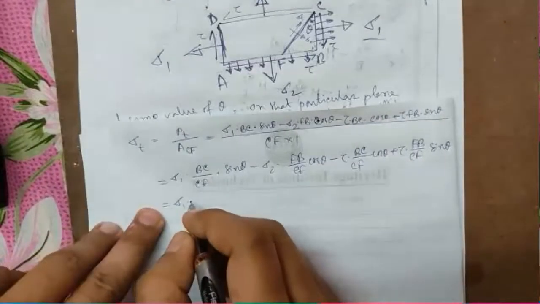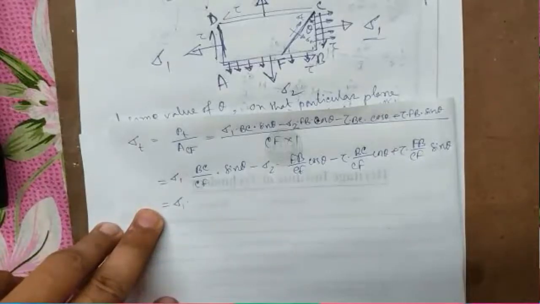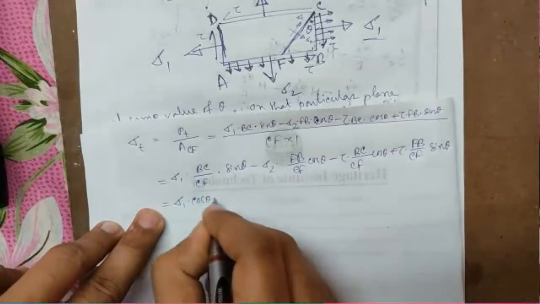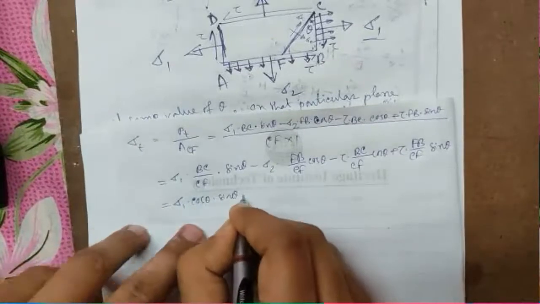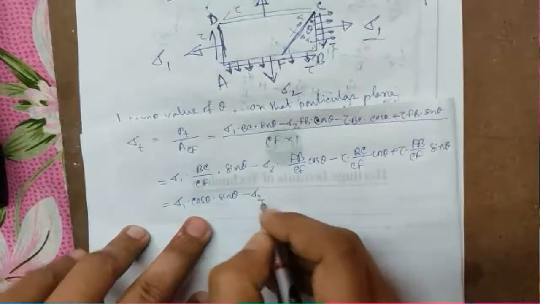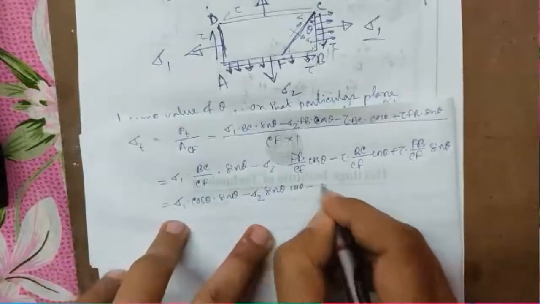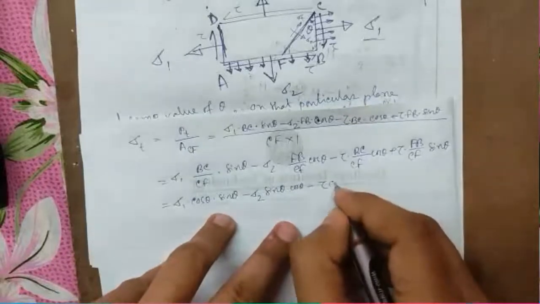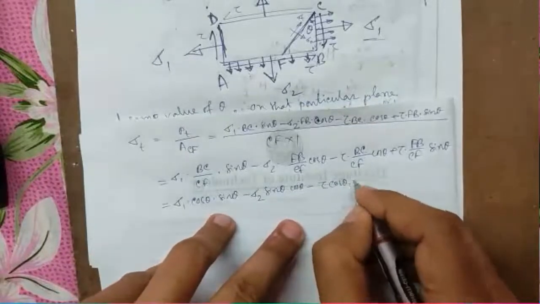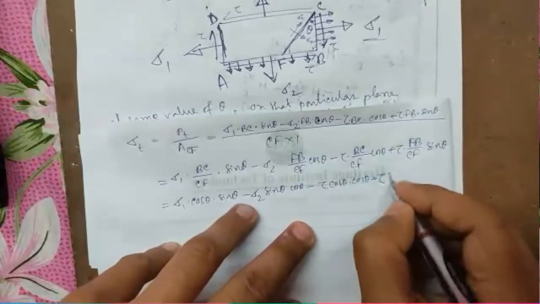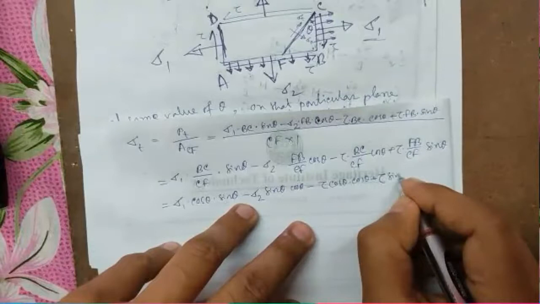It will become sigma 1 into cos theta into sin theta minus sigma 2 into sin theta into cos theta minus tau into cos theta into cos theta plus tau into sin theta into sin theta.